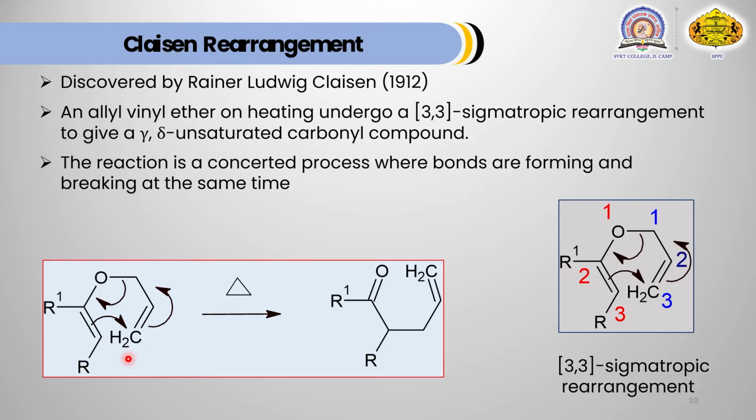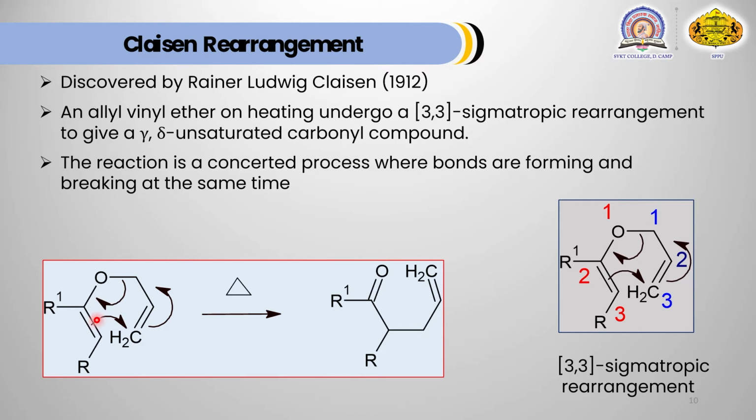Here the mechanism is shown, how the bond movement takes place. These pi electrons are shifted here, meaning this single bond is converted to a double bond. This bonding electron pair is shifted here, meaning breaking of the C-O bond takes place and there is formation of a C=O double bond, and this double bond is converted to a single bond.